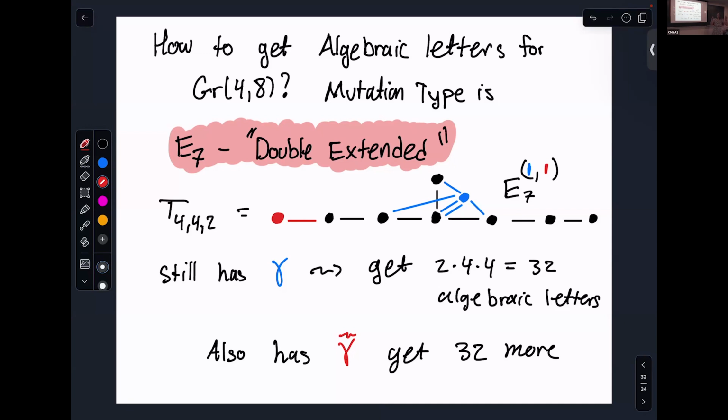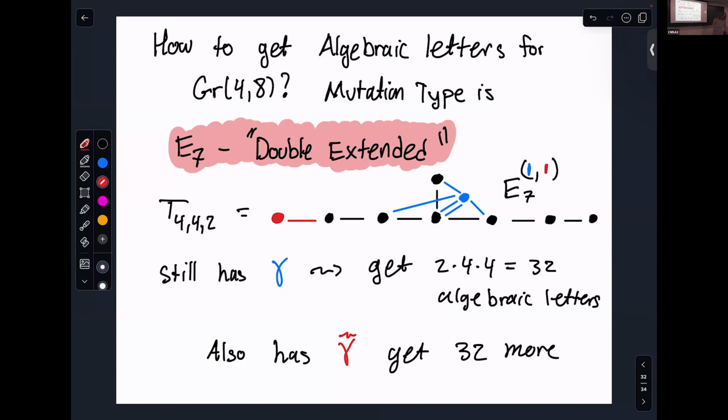It's rather double extended. So if I start with my E7 Dynkin diagram, which is in black, there were two different ways I could make it affine. I could either add the affine node in the red, or I could add the TPQR extending node in the blue. If I do both of those, it's double extended.